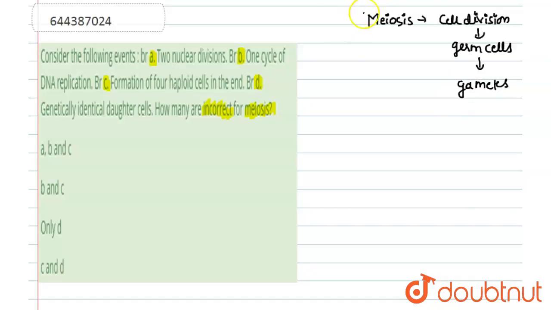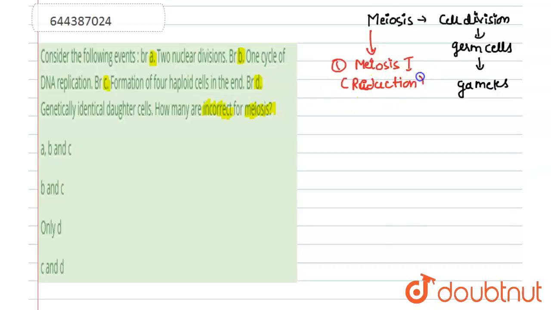If we talk about our first event, that is two nuclear divisions. Yes, in meiosis two nuclear divisions occur. The first one is meiosis 1, also called reduction division.